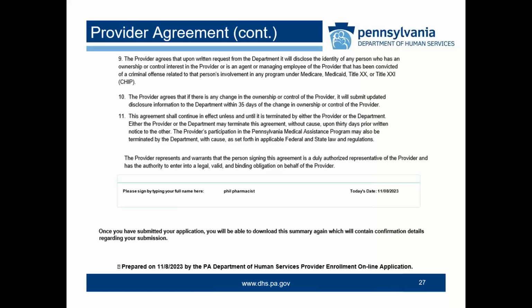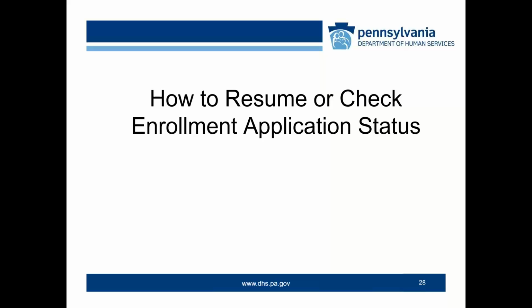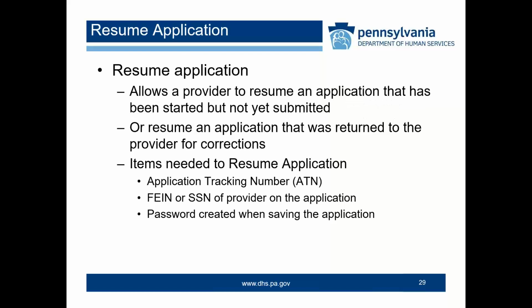So the next step, Lana, I'll go over how to resume or check your enrollment application status. After you have submitted your application, and you need to go back or resume your application, this function allows the provider to resume the application that has been started but not yet submitted, or you want to resume an application that was returned to you for corrections.